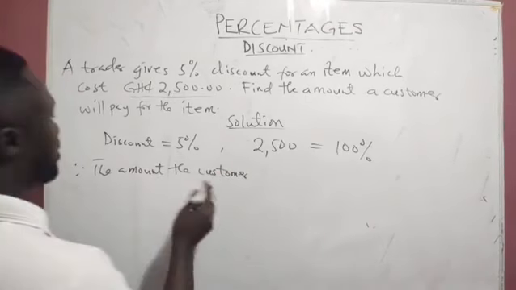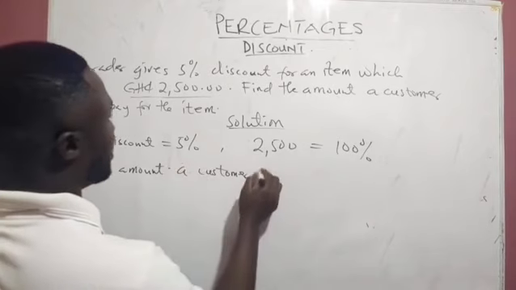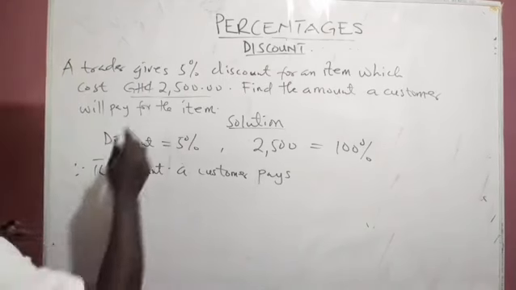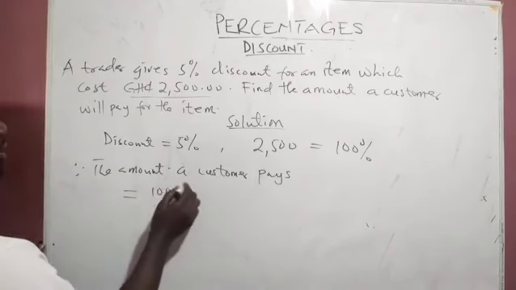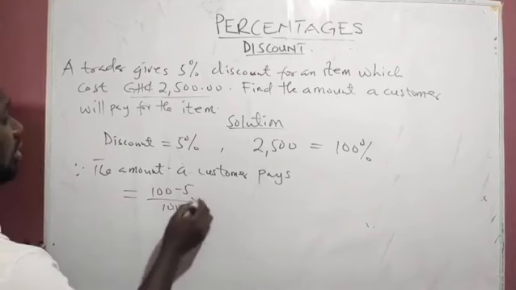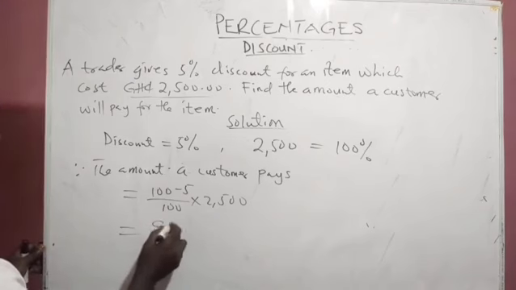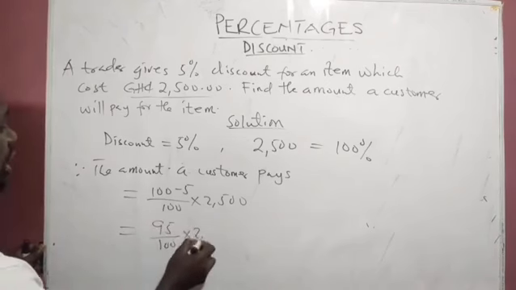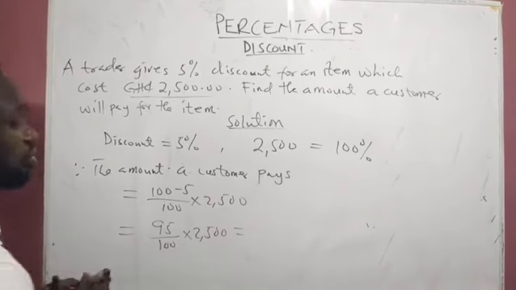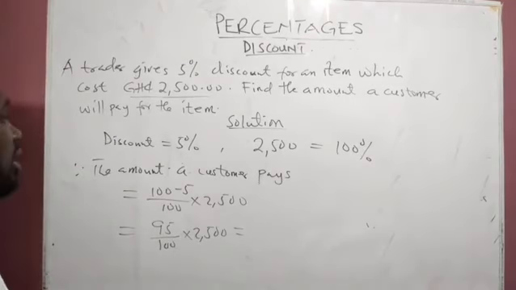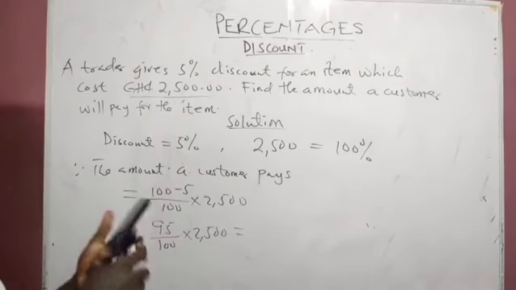the amount a customer pays will be equal to what? 100 minus 5 over 100 times 2,500. 100 minus 5, so 95 over 100 times 2,500. So a customer is no longer going to pay 100%, but pay what? 95%, because he has been given a discount of 5%.